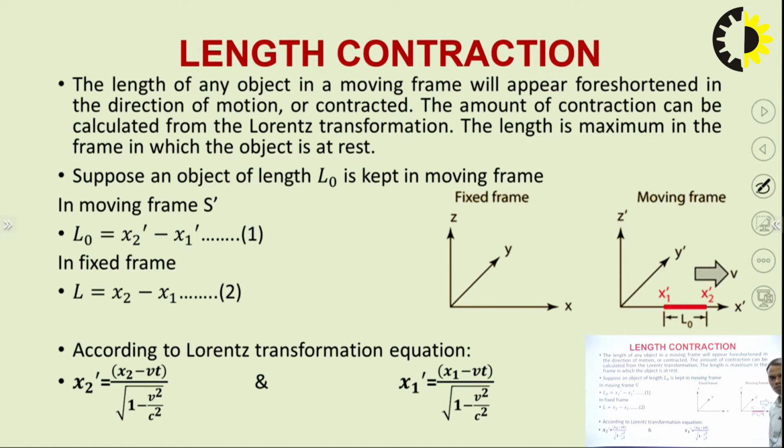If we associate a rod in the x direction with length L0, the coordinates of the end points of this rod are x1 prime and x2 prime with respect to frame S prime, the moving frame, and the coordinates of the same rod with respect to the fixed frame, that is frame S, are x1 and x2 at the same time t.